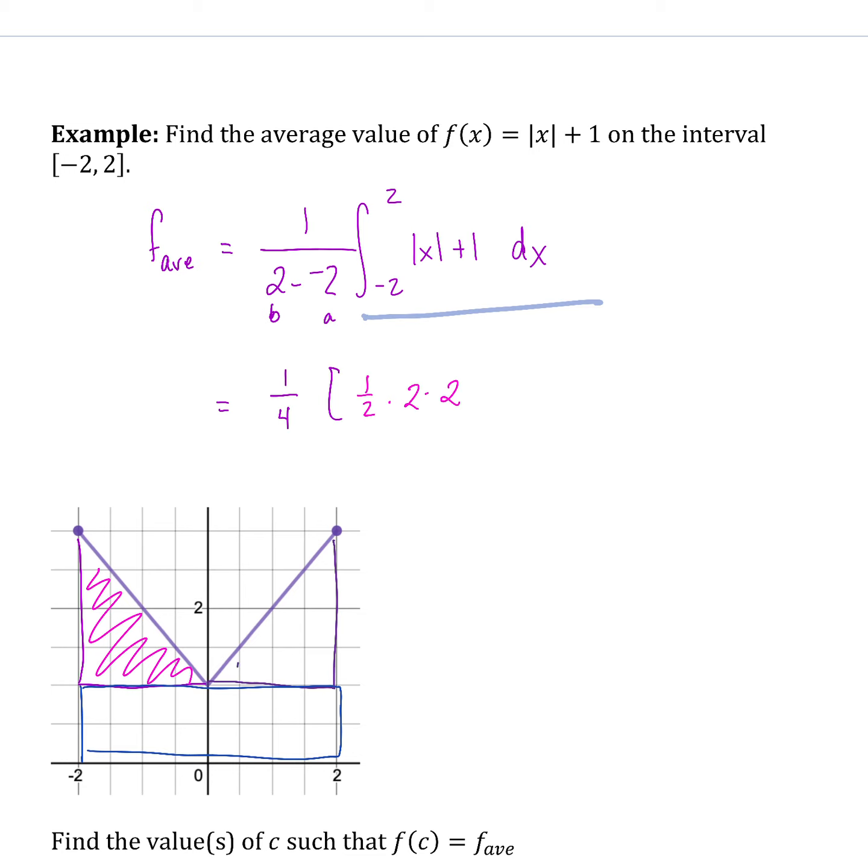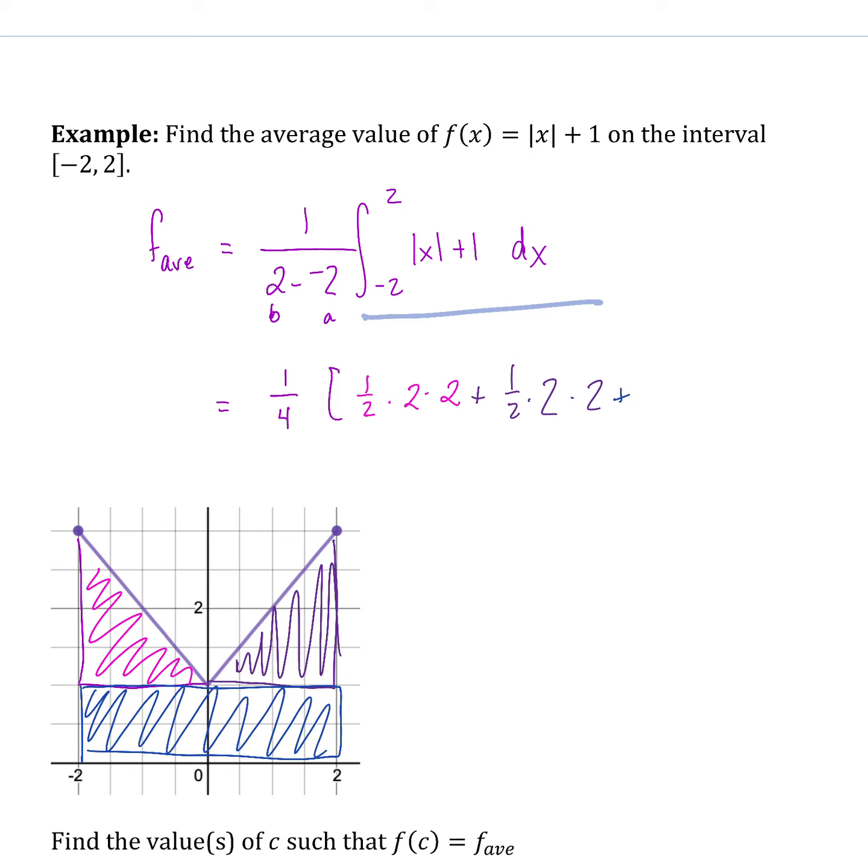Our second triangle has the same base and height. And then our last one, its width is 4 and its height is 1. So we get 1/4, and then 2 plus 2 plus 4, so we get 1/4 times 8, which is 2. So that's our average value.